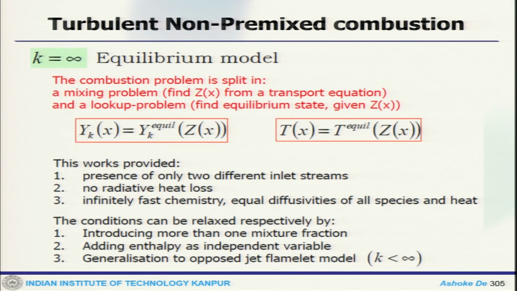Now, our equilibrium model, which is a situation where you have k equals to infinity, that means fuel gets burnt, oxygen gets also burnt, there would be a temperature peak.